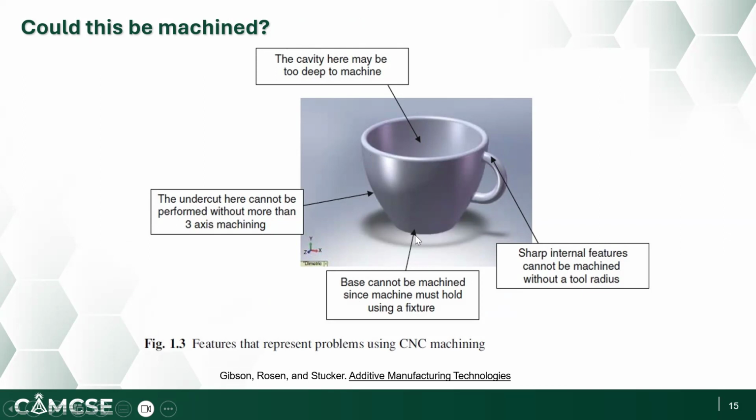And the base of the cup cannot be machined because the machine must hold it using a fixture, right? And some very intricate internal features, such as the sharp internal features, cannot be machined without a tool radius that is good enough to machine this radius, right? So these are all the challenges that you may face in a machine shop if you want to use a CNC machine to make this cup.